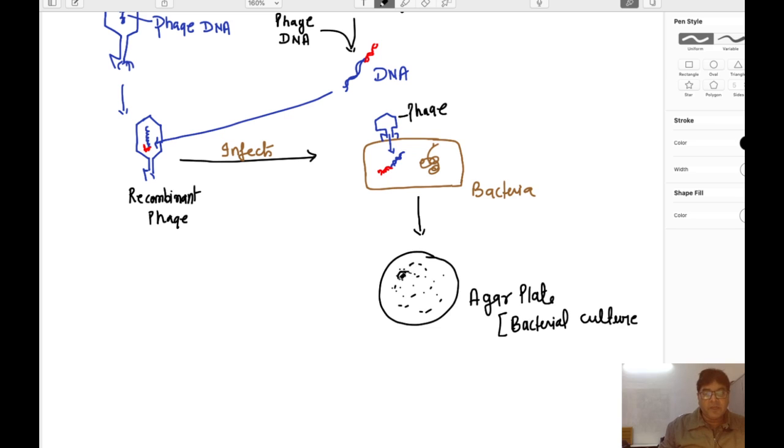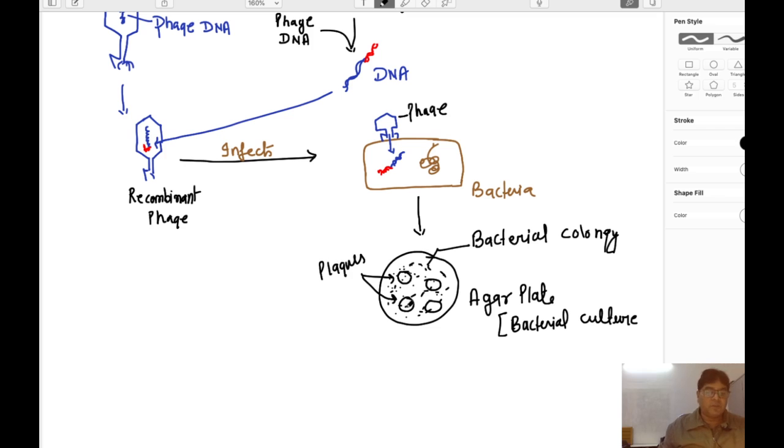Phages will be multiplied. The phages are seen in the bacterial colony. So this is the bacterial colony. So these are the plaques of the phages.